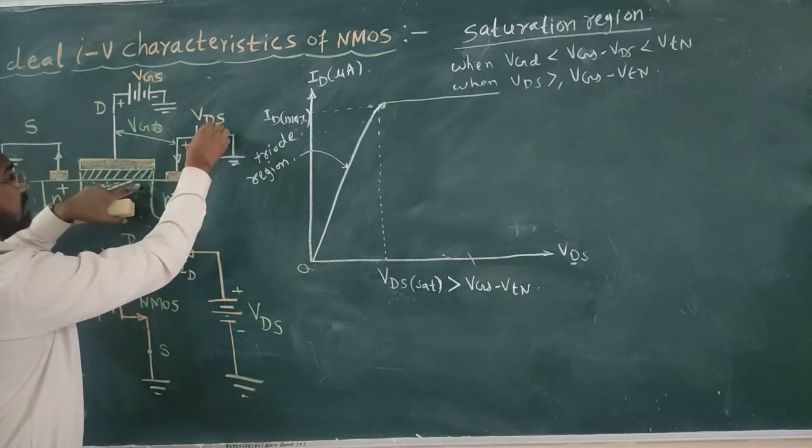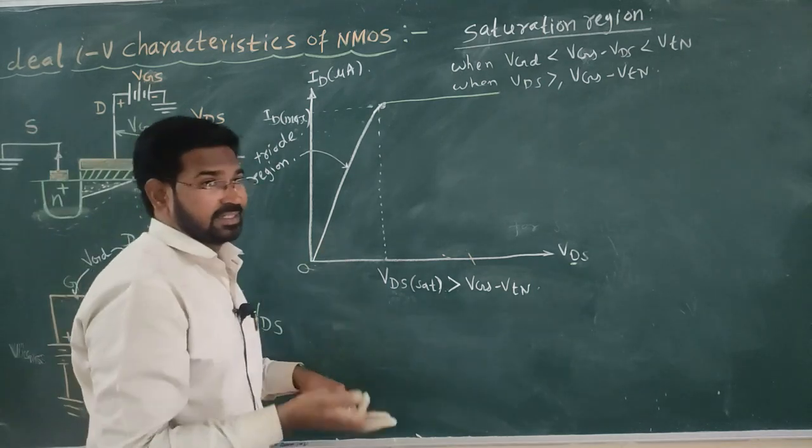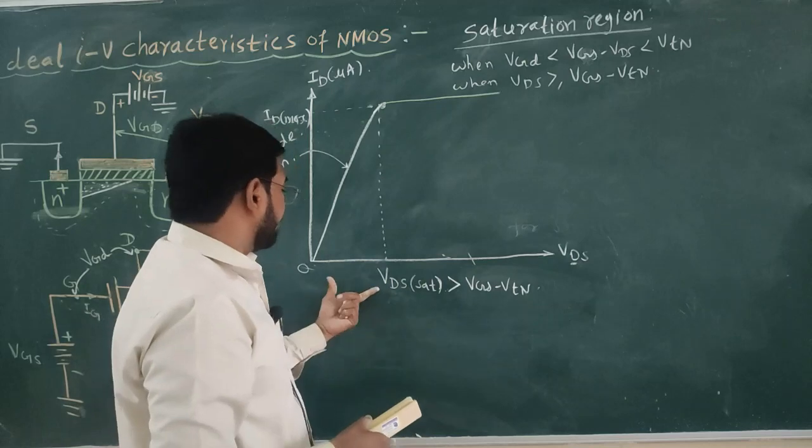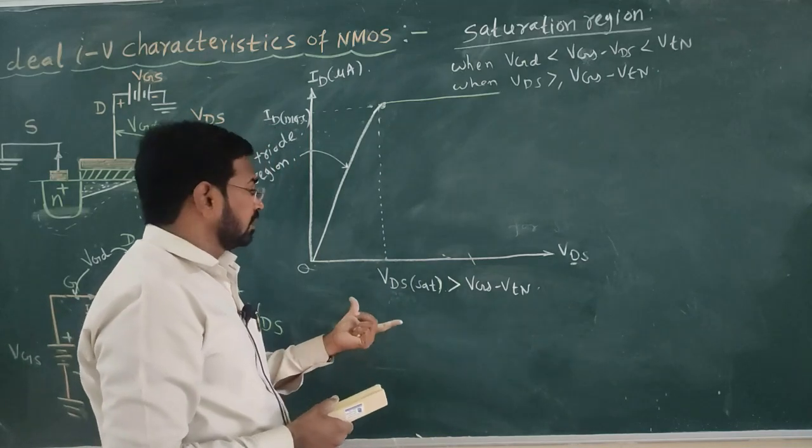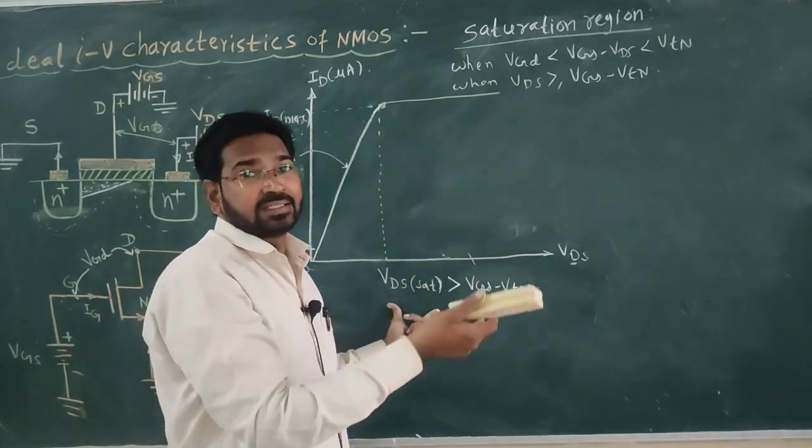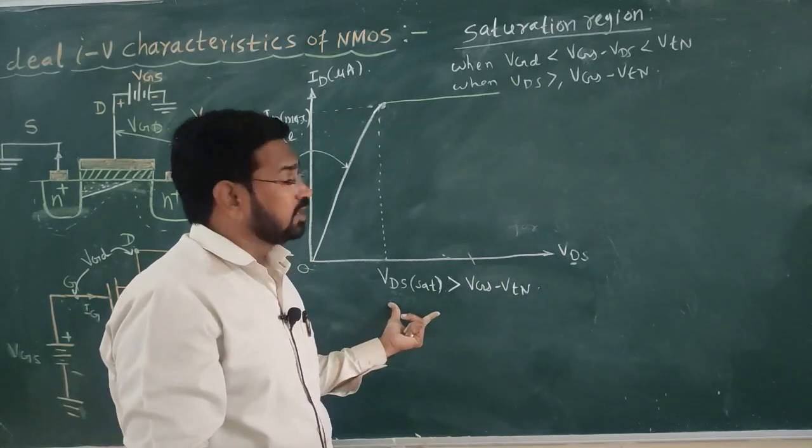Drain is at higher potential and VDS is increased. In the triode region, VDS is small, but here VDS has increased, it is more than 0.2 volt.